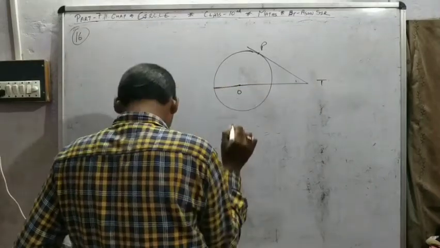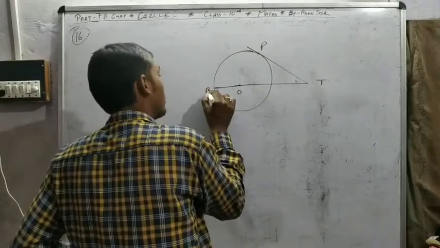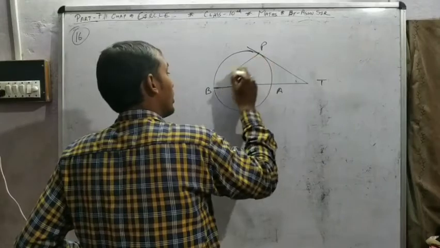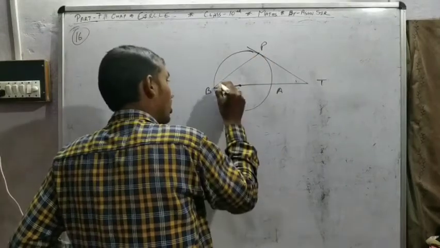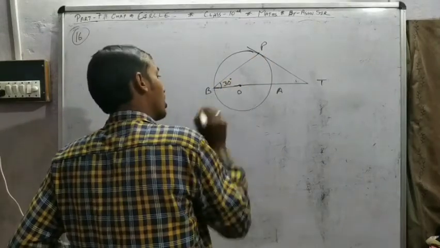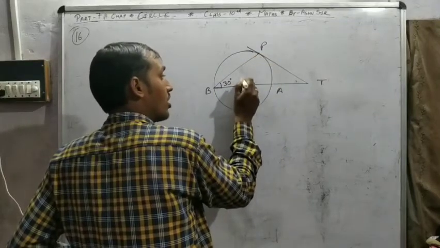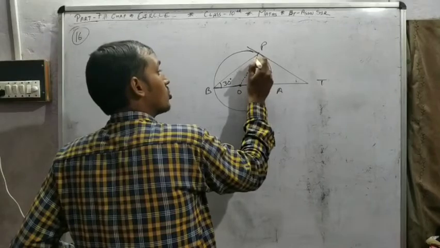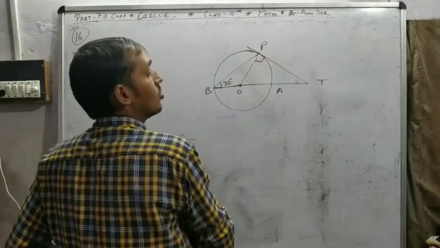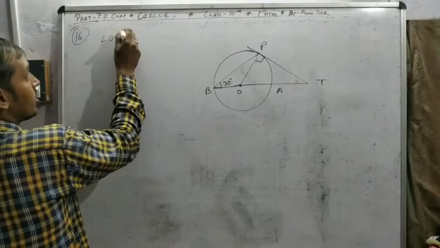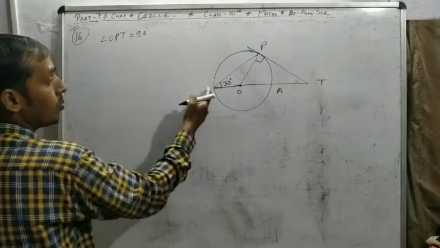It's a straight line, that is B, A, T. Join PB. This angle is 30 degrees. You know, this is not 90. When you join this, this is 90. Means angle OPT is 90, not BPT.